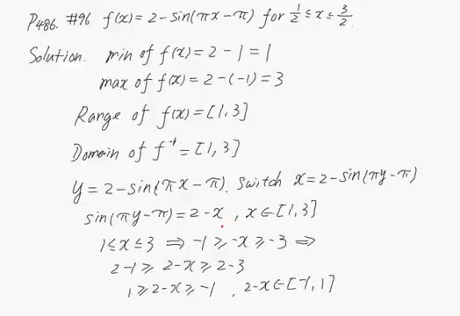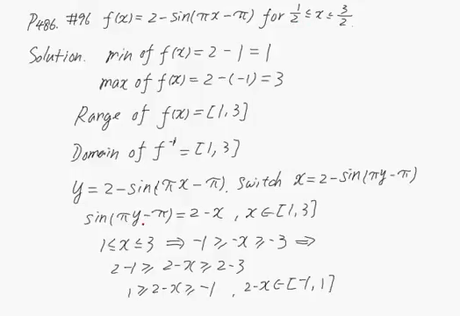And also this y is the function value of the inverse function, right? So the range of the inverse is equal to the domain of the original. So for the original, the domain is between 1/2 and 3/2.